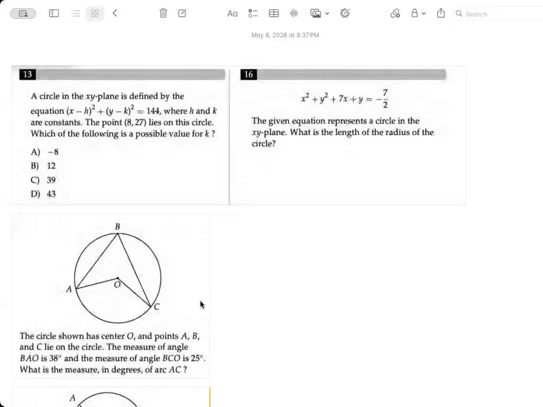I'm waiting for your answers, guys. I didn't get several of you answering these. I don't know why. Oh wow, Shreya, that's good. Both are right, Shreya. 13 and 16 are right. You can proceed with the next one.